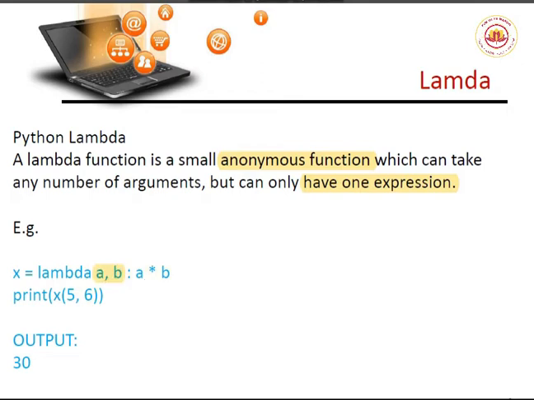It can take any number of parameters a, b, c, but it should have only a single expression. The expression means the purpose of the arguments in that function. So I can use a lambda, and it will return the value of a into b and store it in x. When I call the x function with the required number of arguments, it will print the result.